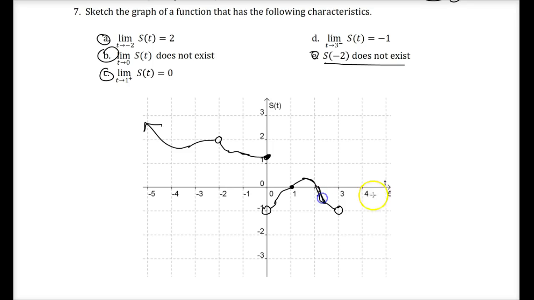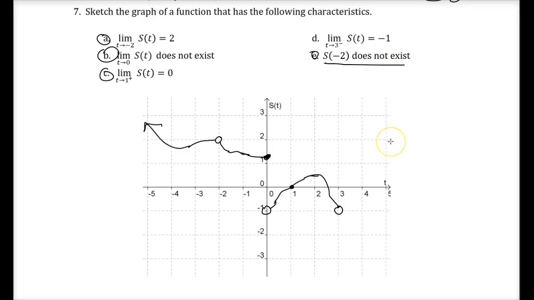So let me try from here. So basically I want something like this, okay? So that as we approach t equals 3 from the left, it goes to -1, okay?